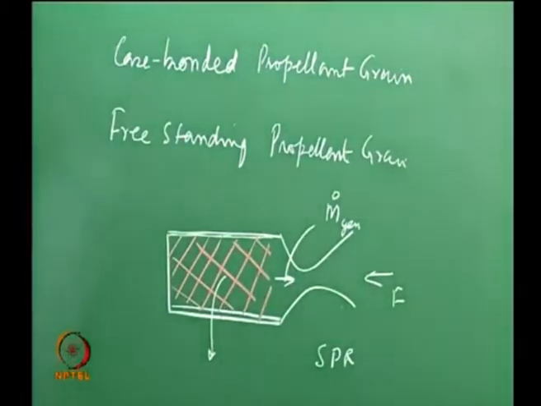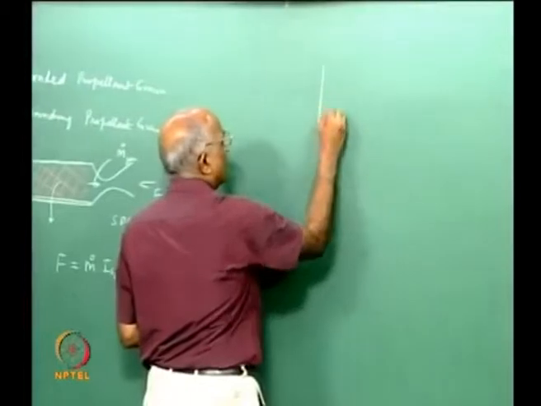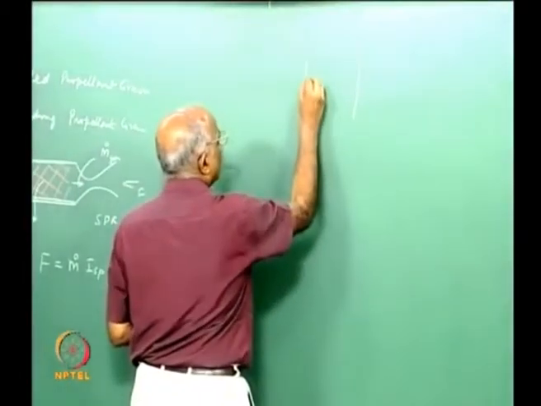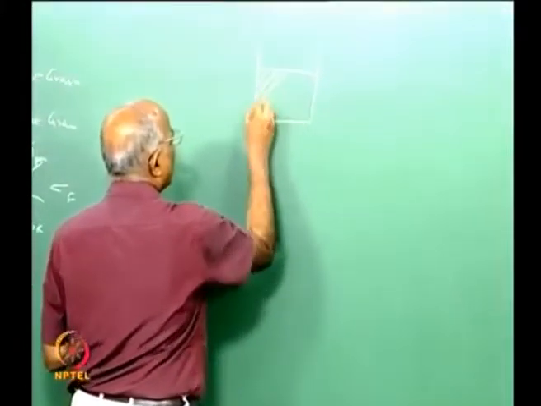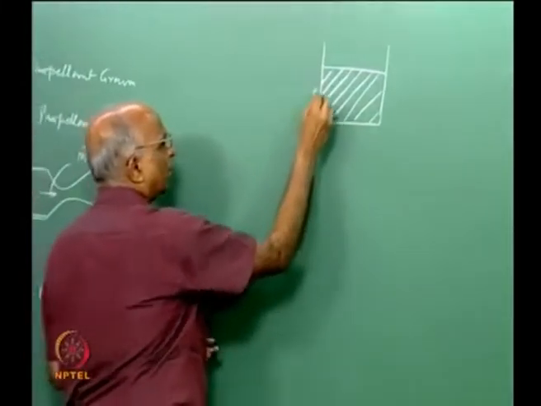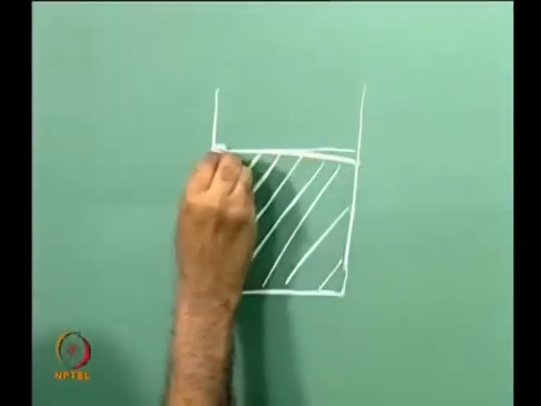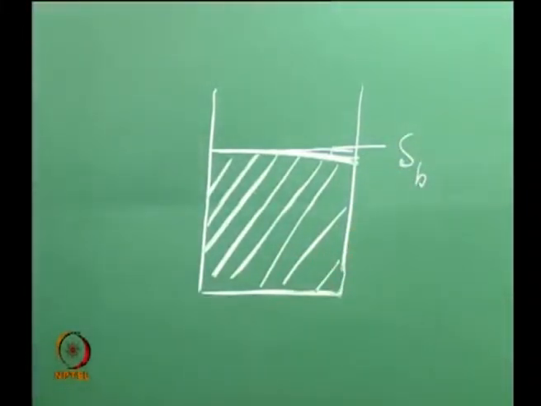Now let us get back and ask ourselves: if I have a case over here, and I put the propellant block inside it, and let us say I have no nozzle at all. I want to generate hot gases; this is the surface area of my propellant, I call it the burning surface area, SB.